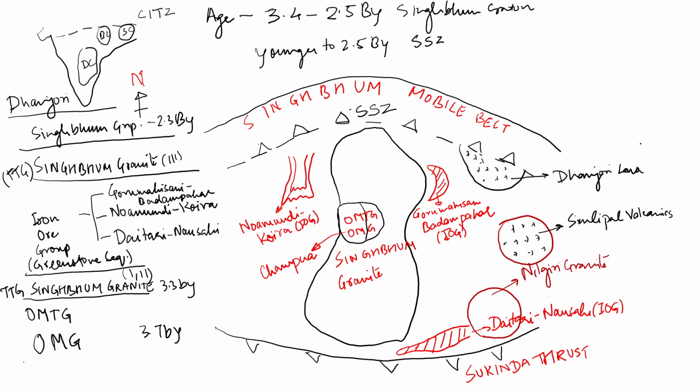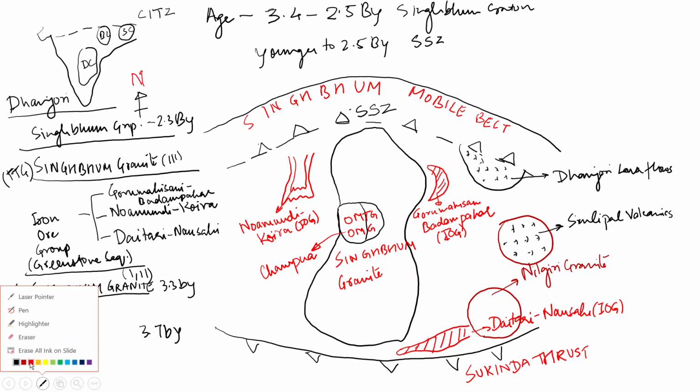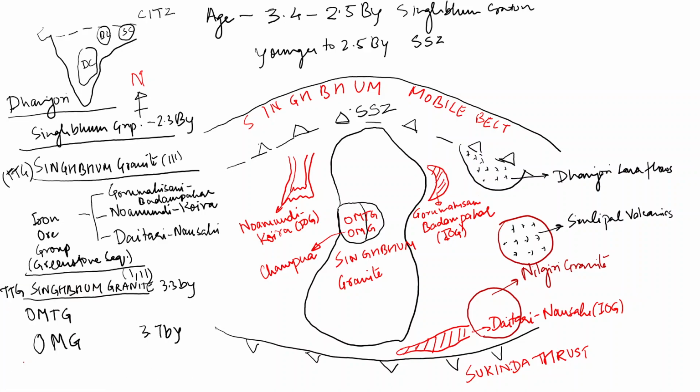Dhanjori lava flows. Then there is a lava flow which is exposed north of the Singh shear zone. This one is known as Dalma lava or Dalma volcanics.